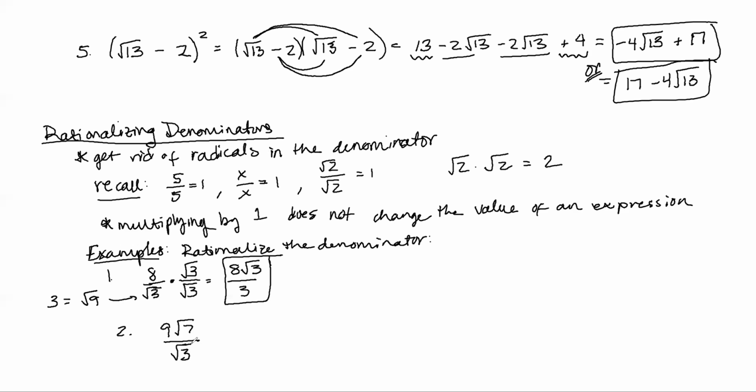So for this one, the thing to keep in mind here is that I don't care if there are radicals in the numerator. If you think back to our little circle fraction picture, let's think of fourths. Let's say I had 1.5 fourths.